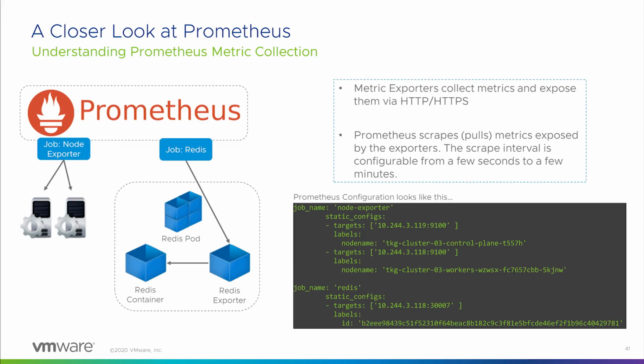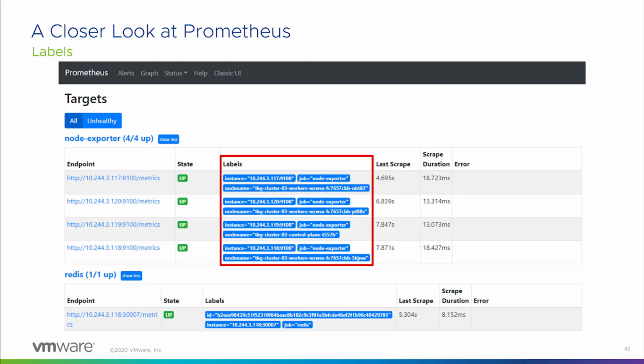And within these jobs, we can configure additional metadata, such as labels. So if you take a look at the Node Exporter job within our configuration, you can see each of the targets, which are the exporters, and then there's an additional label for each of them, which contains the name of the node. And once all the exporters have been deployed and the jobs have been configured within our Prometheus configuration file, we can then see the various targets that we're collecting data from.